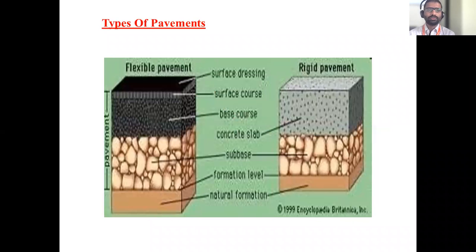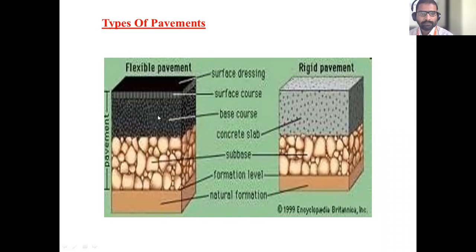This one we have studied in the last class. So on the left side, which type of pavement is it? It is flexible pavement. In the exam, they may ask what the components of the flexible pavement are. What you have to say? First is surface dressing, and the surface means only the top surface. So this component is the surface course.